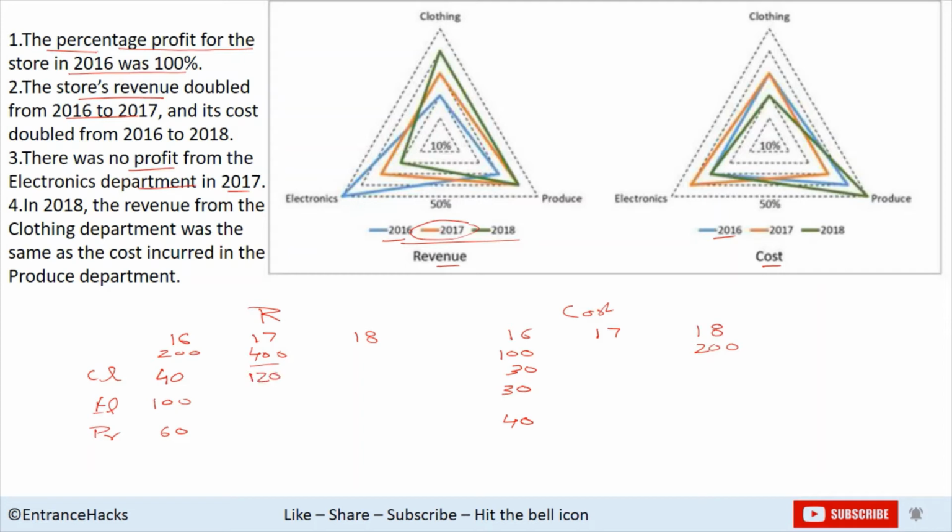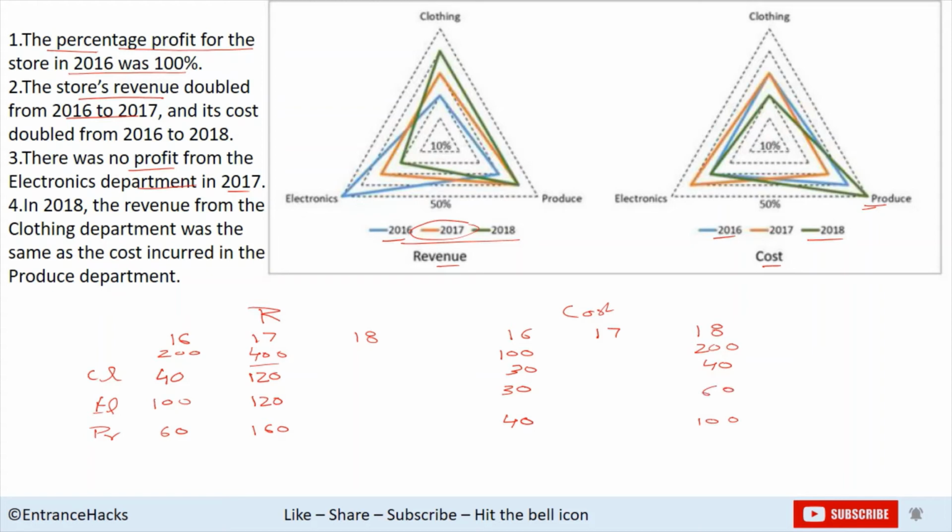For electronics it's again 30%, 120. We are left with 160. Similarly, for the last column, 200 for 18, that is green. For produce it is 50% from here, so this will be 100. For clothing it is 20%, so 20% of 200 is 40, and the remaining is 60.